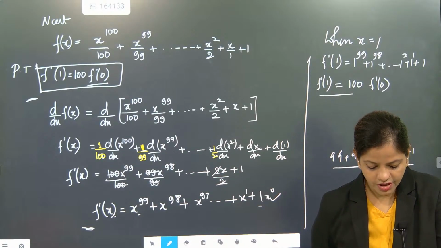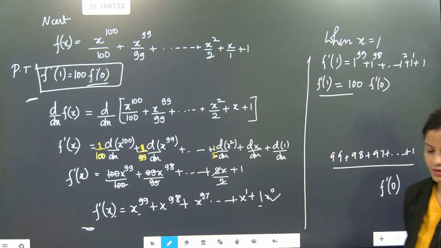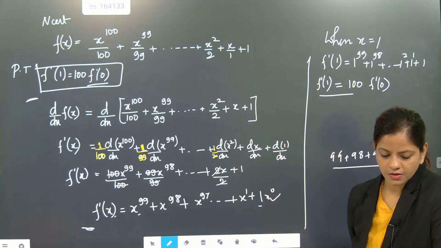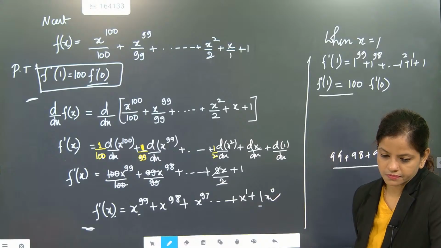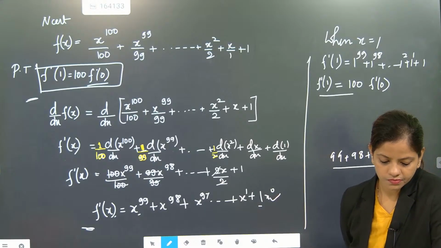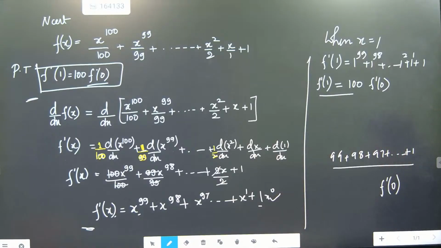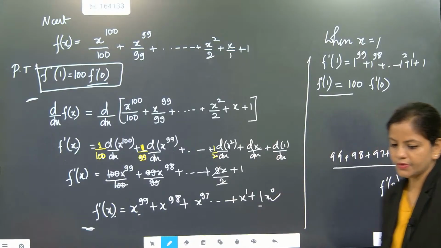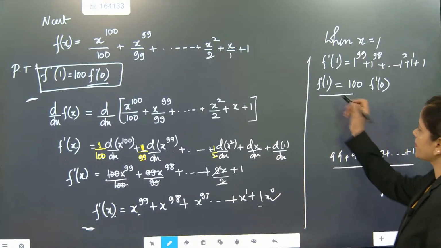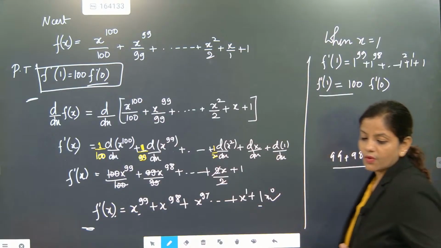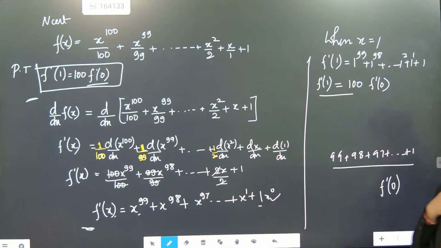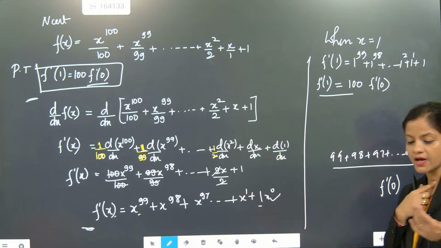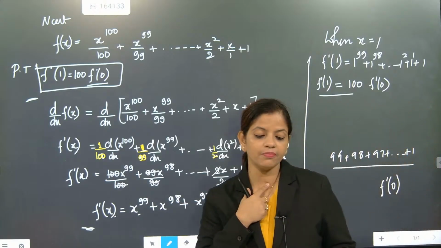Did you understand till here? No, you did not understand anything. Now look here. I have written f dash 0 directly, but we must solve that part and write.